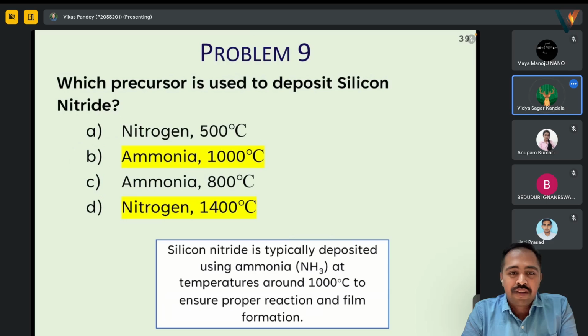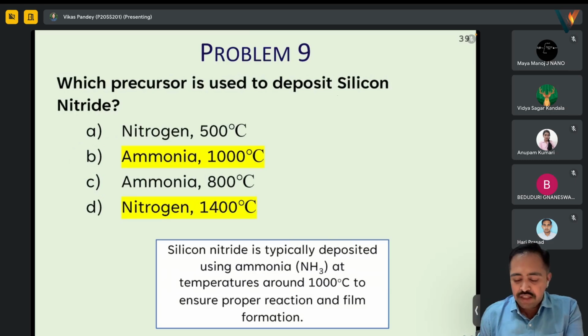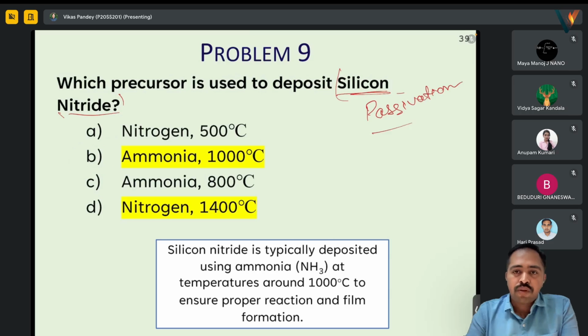Ammonia is the correct answer, but at 1000 degrees Celsius it is used to make silicon nitride. This is one of the very common passivation agents, mostly used for passivating. Even nitrogen can be used directly, but it will require a higher temperature.